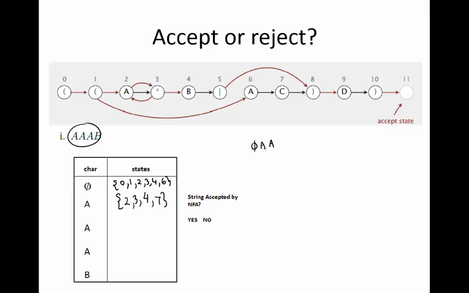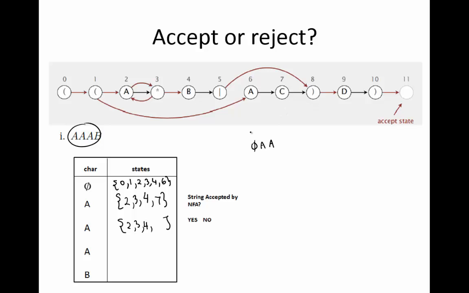Suppose you read another A. Let's see what happens. From where can we go from these states? So the machine is in these states, and where can the machine transition to? So if you read another A, and if you're in 2, you can go to 3, come back to 2. So therefore 2, 3, and 4 are still there. And if you read another A, if you're in 7, there's nothing you can do and nothing happens.